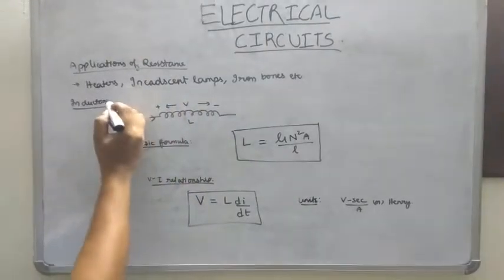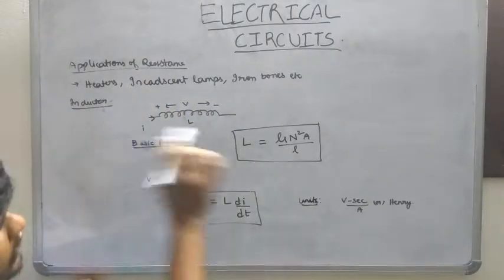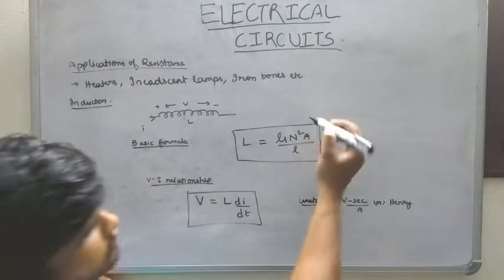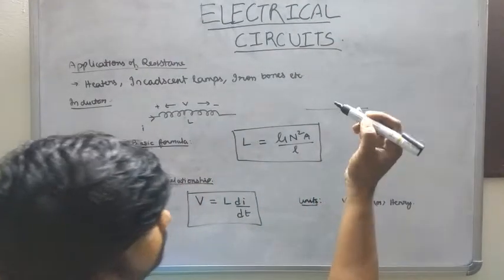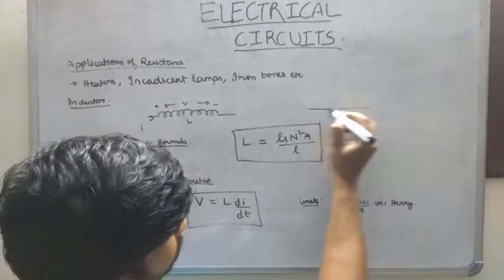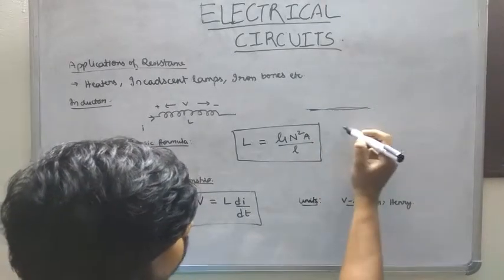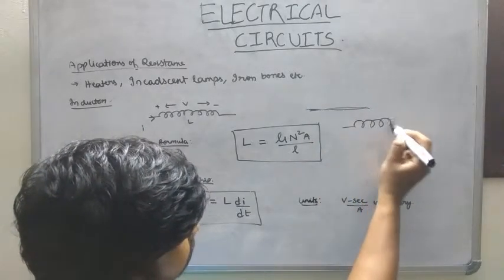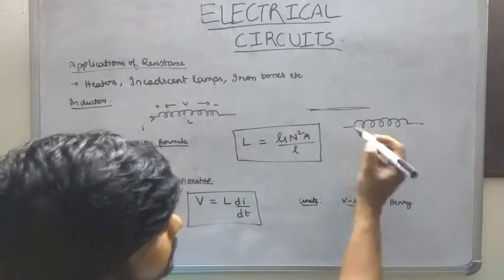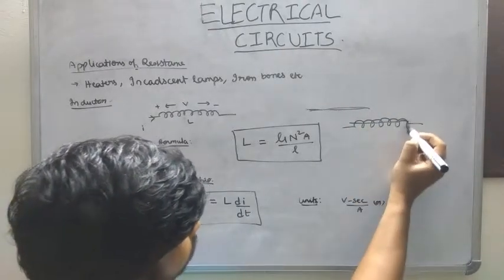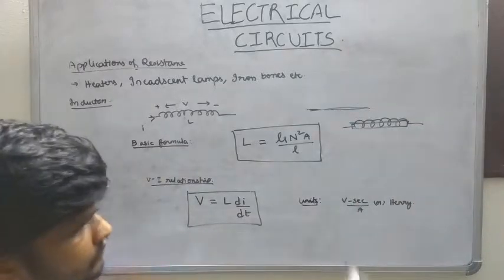And now we'll talk about the inductor. An inductor is basically a conductor which is not in a straight line, but is wound around a particular core.